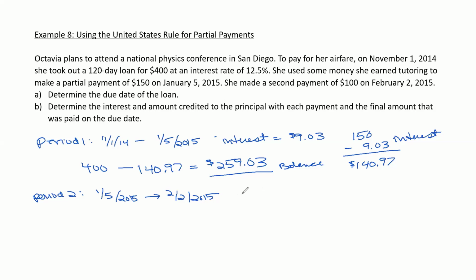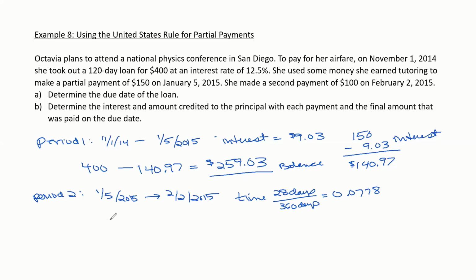It was 28 days, which you can use the date calculator to find. So our time is going to be 28 days over 360. And so we get 0.0778 for our time.